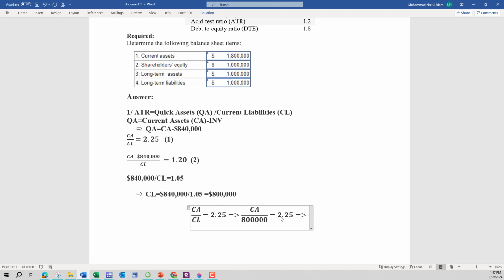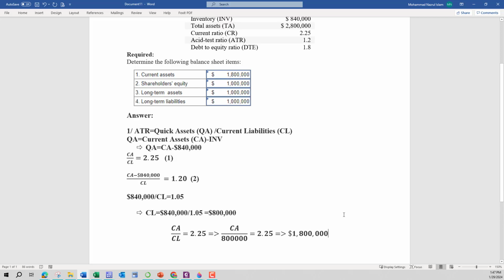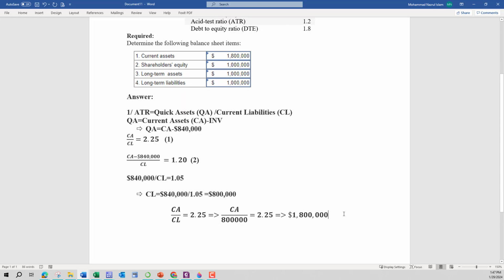If we multiply these two, we find that current assets is going to be 1,800,000. A little tricky, but try to understand.